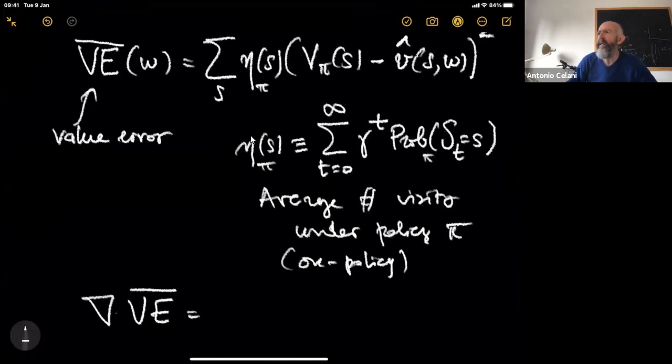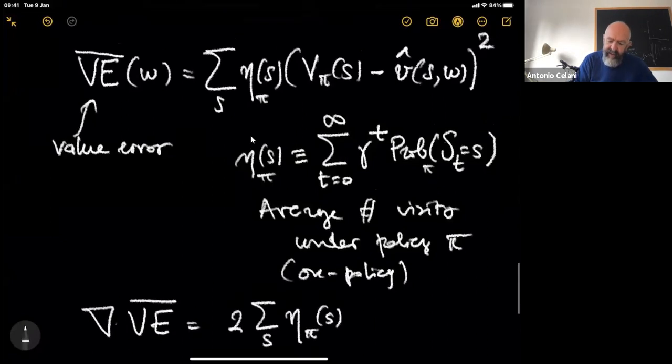It's going to be 2 times the sum over s of eta pi of s. Notice that the policy is fixed, so it doesn't depend on the choice of the parameters w. The only part which depends on the parameters w is this term here.